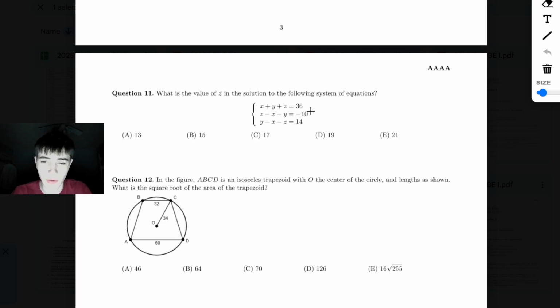We've got the system. We've got three variables, three equations. So whenever you have the same number of equations as you have variables, then it's solvable, right? There are a bunch of different tactics to solving systems of equations like this.